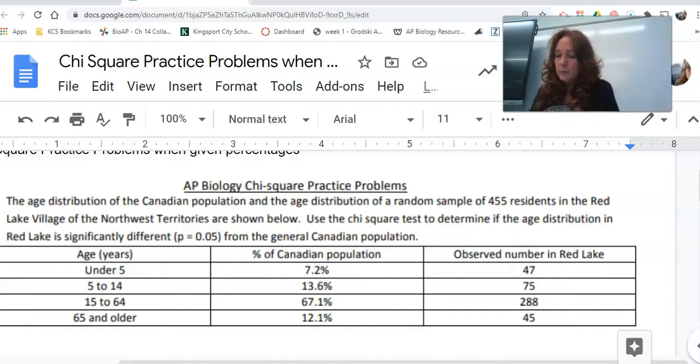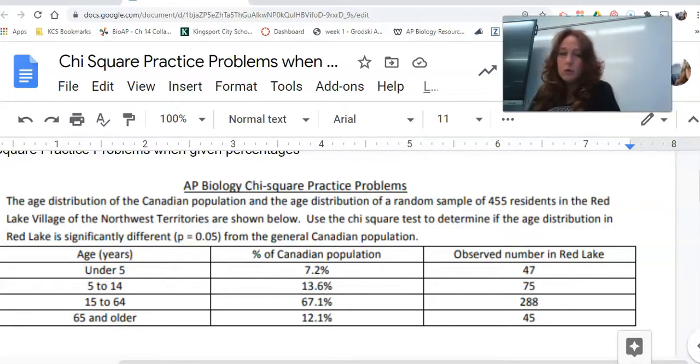So I'm going to write these down real quick. We've got a category of less than 5, 5 to 14, a huge group of 15 to 64, and then over 65, that's our age.